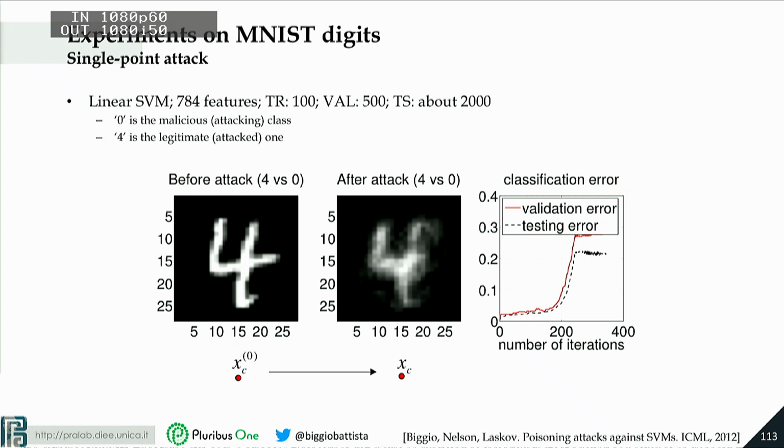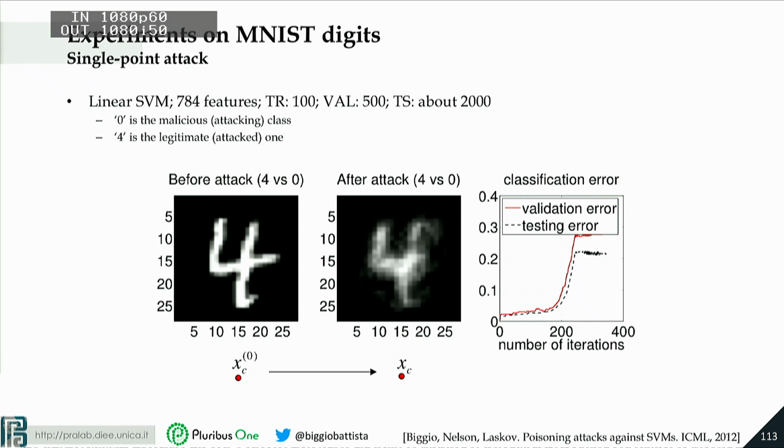But then you optimize the point with the attack algorithm that I just discussed. What you get is this kind of blurred image of a 4 that, I don't know if you can see it, has more or less the shape of a 0 in the background. Now if you add this image labeled as 0 into the training set of the classifier, you completely screw it up.